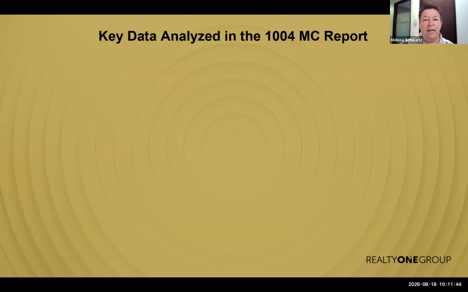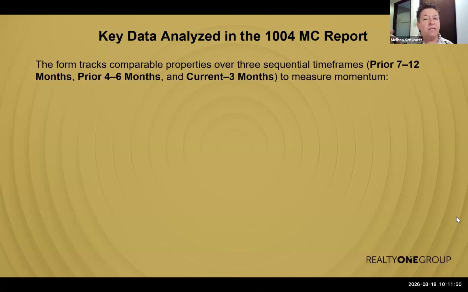Okay, so key data analyzed is what we were just talking about, right? So it tracks comparable properties over 3 sequential timeframes. We've already talked about this: the prior 7 to 12 months, the prior 4 to 6 months, and what they're saying is the current 3 months, right?